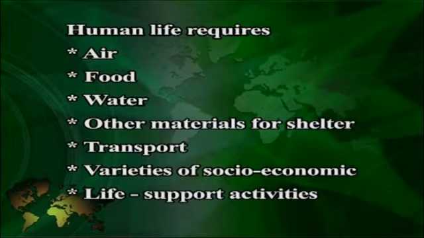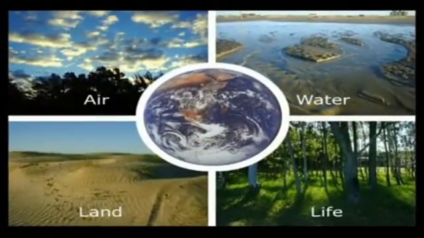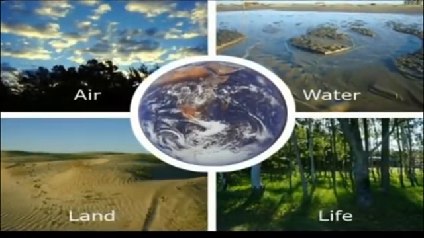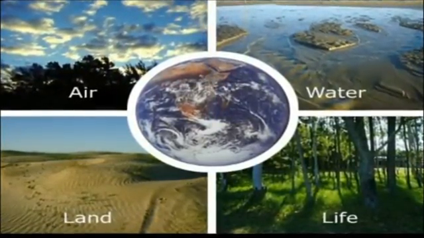Human life requires air, food, water and other materials for shelter, transport and a variety of socio-economic and life support activities. Most of the required resources are available in raw or convertible forms on Earth.